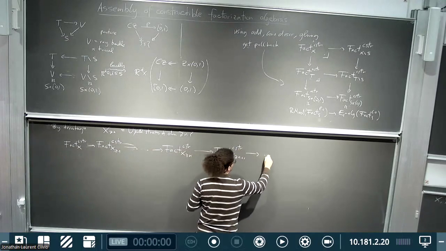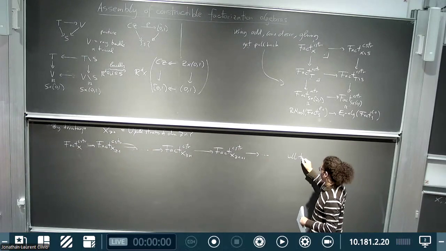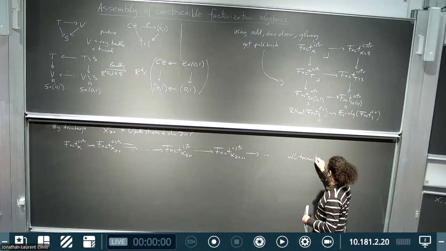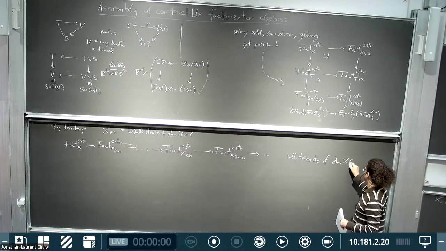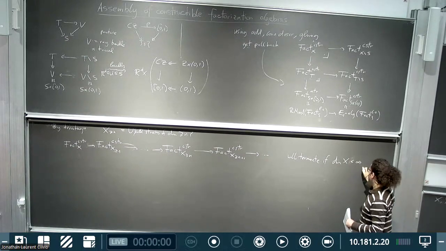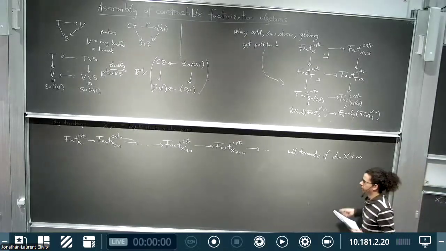So you have a sequence like this, and the sequence will terminate if the global dimension of X is finite, which of course often it is. It doesn't necessarily have to be, but I guess in many cases of interest it will be.